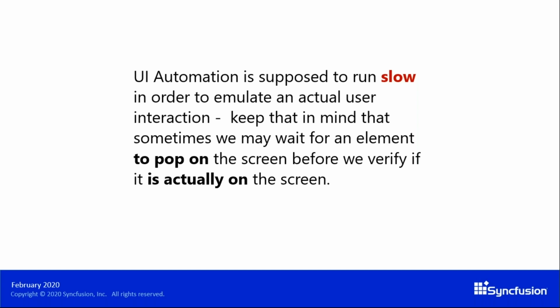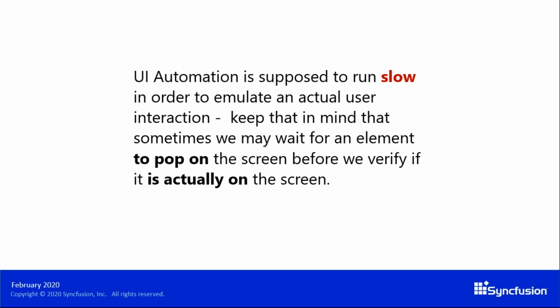And it's also important that you wait for an element to be on screen before you check for that. Sometimes it may seem very fast for you because it's automation, but the query will work after that. So waiting for elements can be something very handy in your UI test.